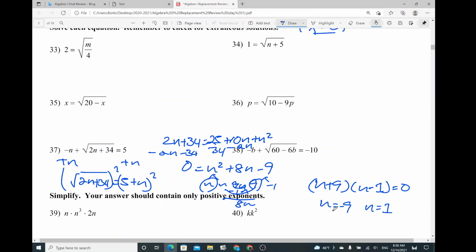Okay, so again, you want to plug in a number back into the original equation and check the work. So n times negative 9, negative 18 plus 34, which is 16. Square root of 16, that's 4. And then negative 9, so positive 9.